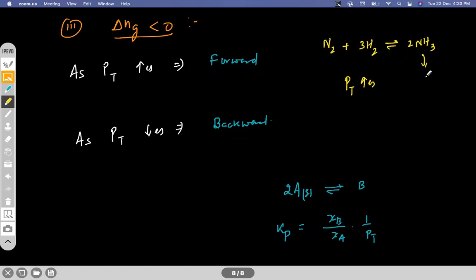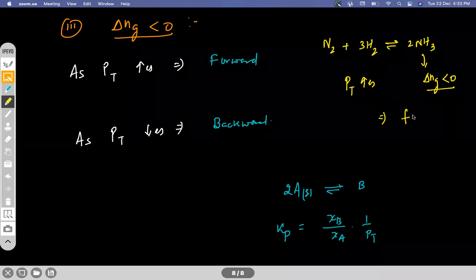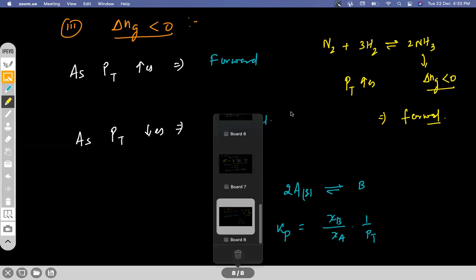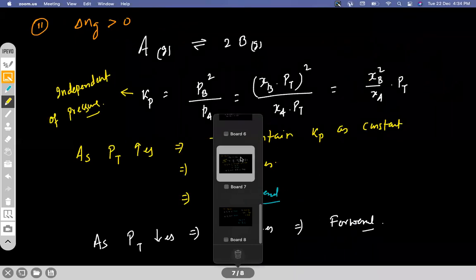For this reaction, you find delta Ng, which is less than 0. We know when delta Ng is less than 0 and PT increases, there is a forward shift, which means more NH3 forms. If you look at the theoretical method that we did initially, here also we were getting the same answer.